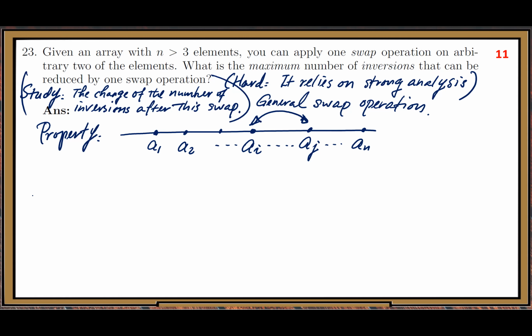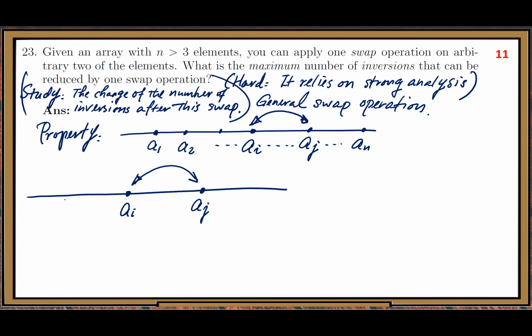Let me draw another line segment, because here I need to mark a few points clearly. AI here, AJ here, these 2 points we need to swap. You can see these two positions divide the original array into three segments.